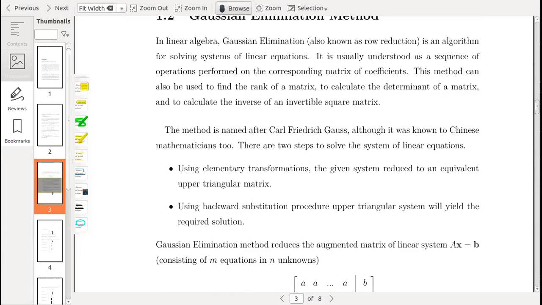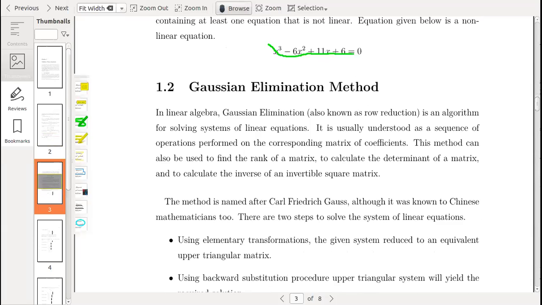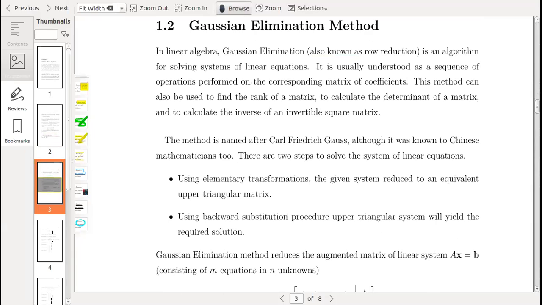And then we have studied the Gaussian elimination method and the Gauss-Jordan method. So what is the difference between these two methods? These two methods involve the same two steps, but in the first step, in the Gaussian elimination method, we reduce the given system into an upper triangular matrix, and in Gauss-Jordan, we reduce the system into a diagonal matrix.